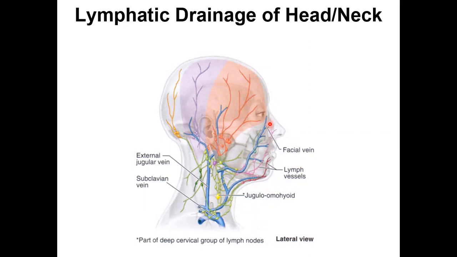There are questions that'll come up where if a person has a pimple on a certain area, they shouldn't scratch it because that can end up causing infection to travel into the veins, and then it can get into your brain. You'll learn more about it later, but I'm just putting this kernel in your head for later. But yeah, facial vein is involved in that.